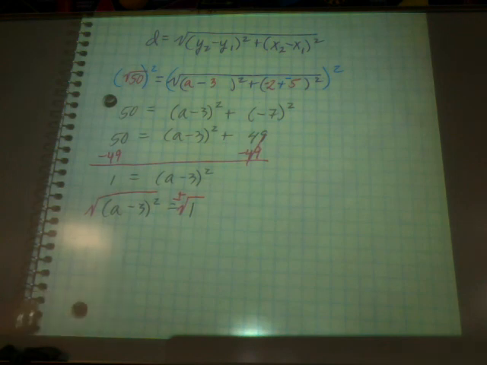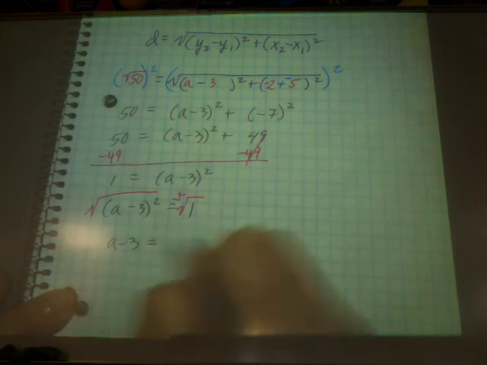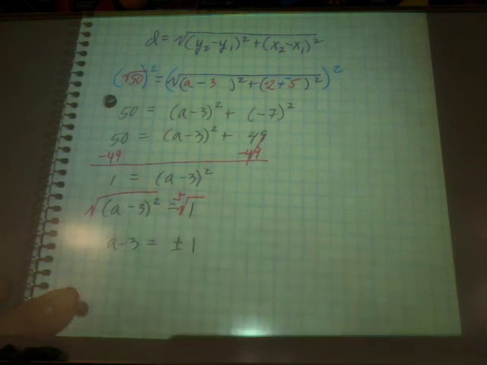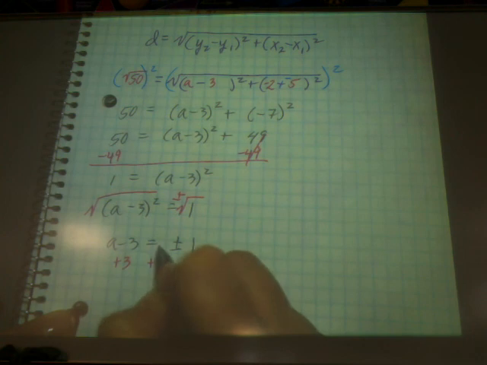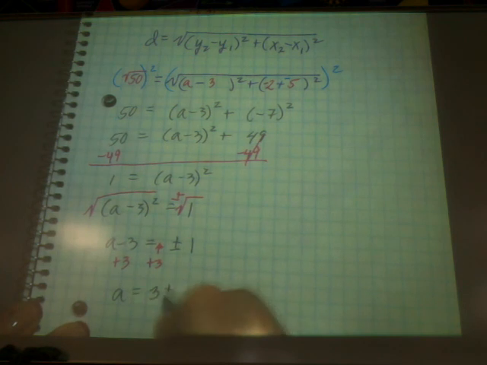What's the square root of a minus 3 squared? So we get a minus 3 equals plus or minus, what's the square root of 1? 1. How do you solve for a? Add 3. And remember, you're adding 3 in front of the plus minus. Remember this from unit 9. Okay, so then I have a is equal to 3 plus or minus 1.